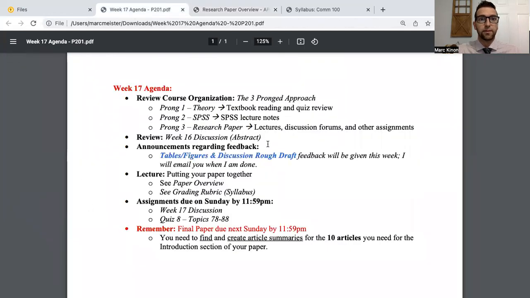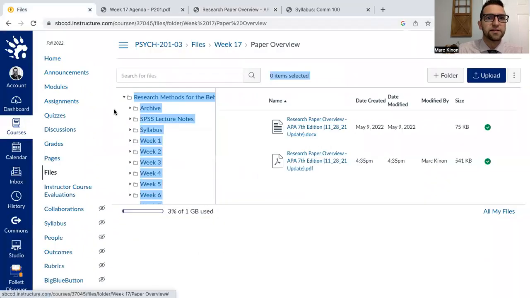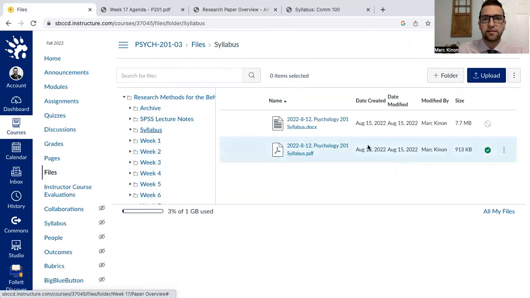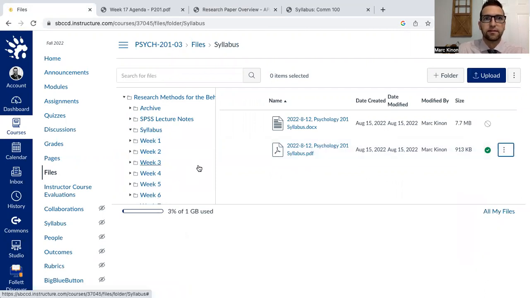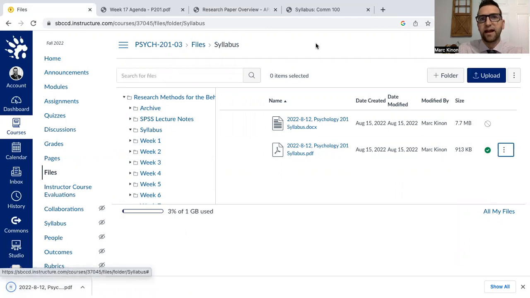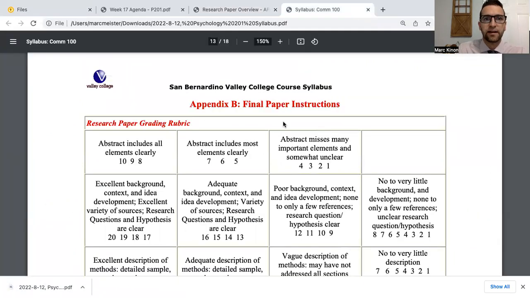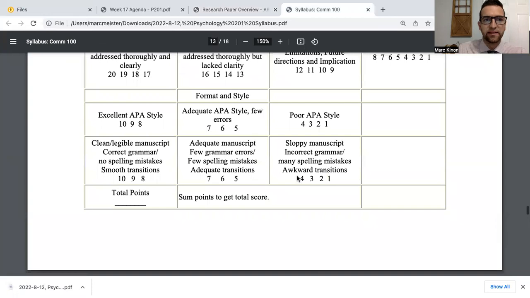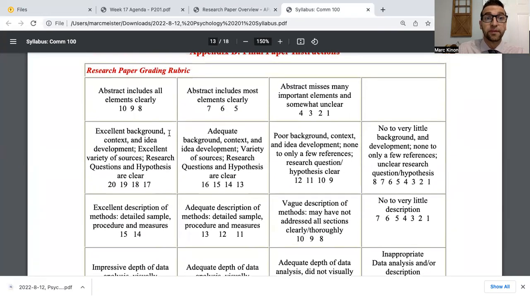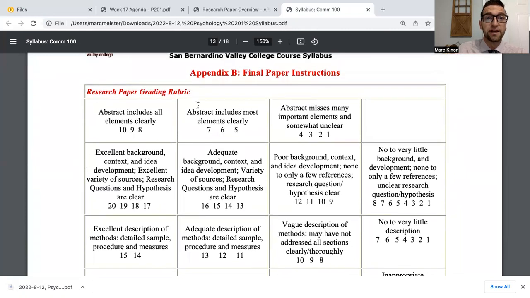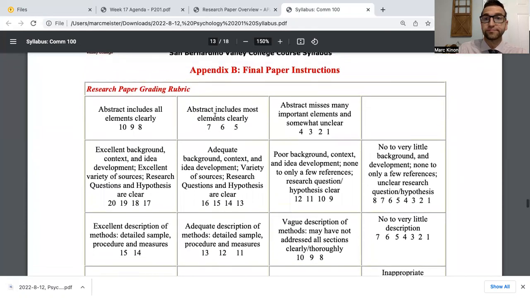Okay. So the paper overview is a really good reference, but I would also encourage you to take a look at the syllabus. Okay, files, syllabus. You could download that. I actually already have it open. And if you scroll down to page, looks like page 13 out of 18, you'll see this research paper grading rubric. Okay.